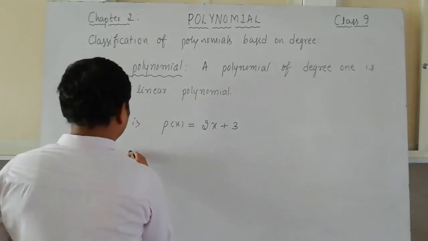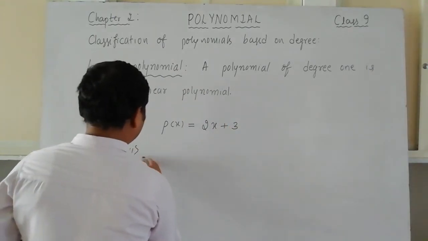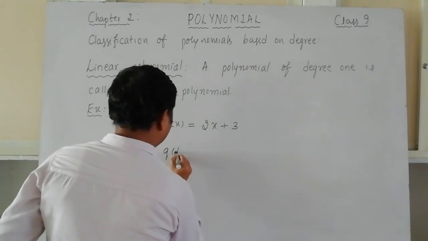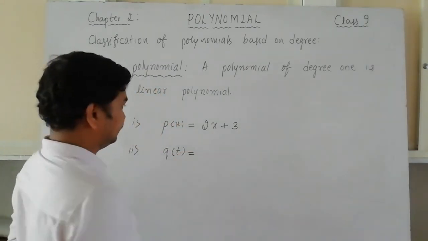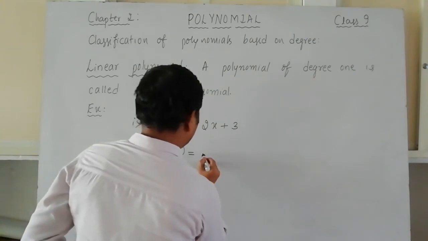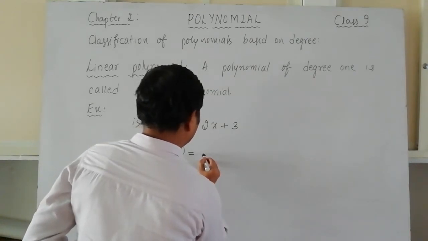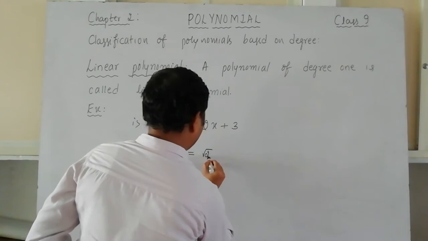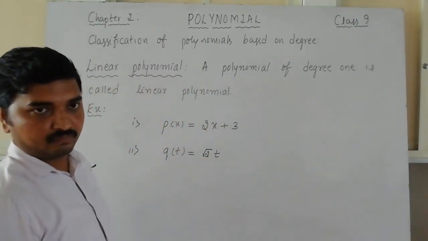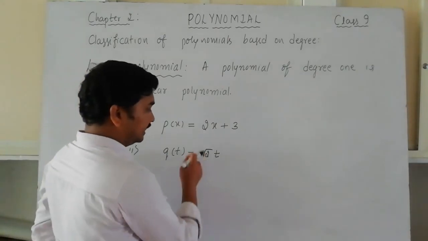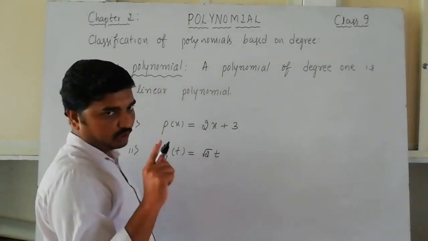Now I am going to consider one more example. Q of t is equal to square root of t. So now look at here. It contains only one term.